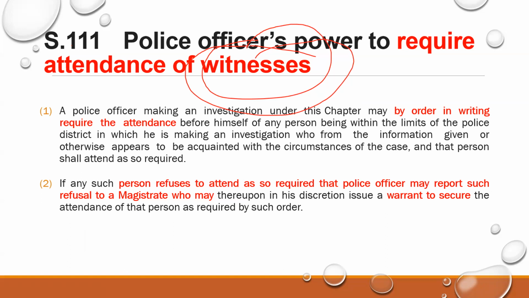So the police can actually ask the cousins who have prior knowledge in regards to this rape, because later on you need to corroborate, you need to make the credit of the victim inside the court better, isn't it? Otherwise, the defense counsel will say, why did you make the police report now?